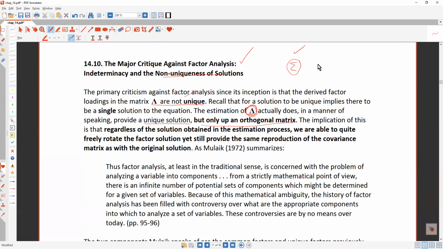Okay? You can transform the loadings in here and still produce this. So I'm just going to put, here are the original loadings. Here are the transformed loadings.